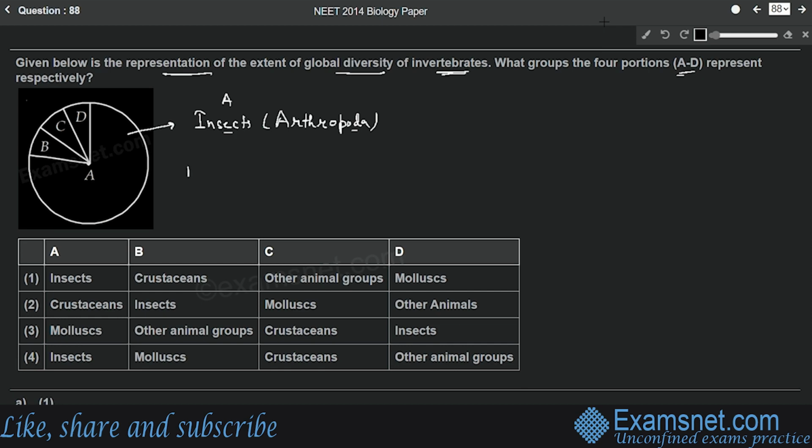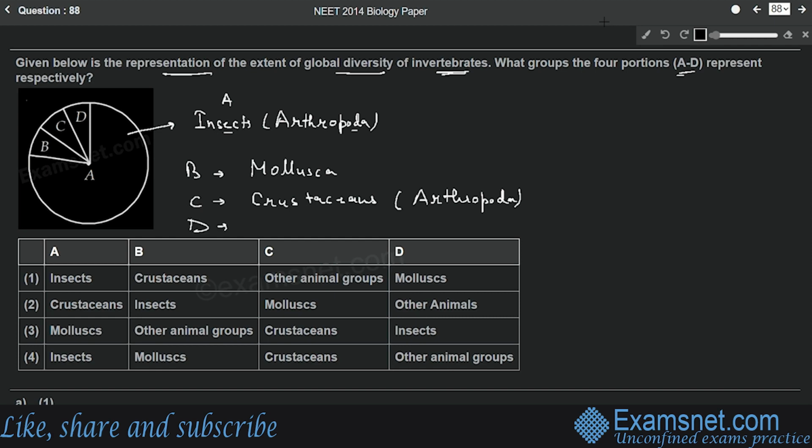Then second largest is B. So B represents the mollusca, which is the second largest phylum. Then the third number is C. So C will have the crustaceans, which also belong to the phylum Arthropoda. So these are the third largest group.